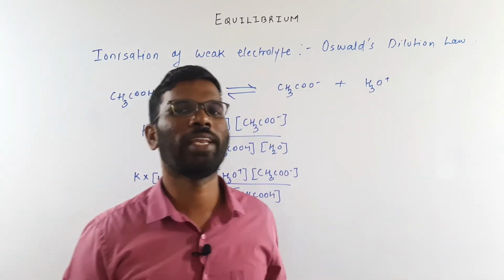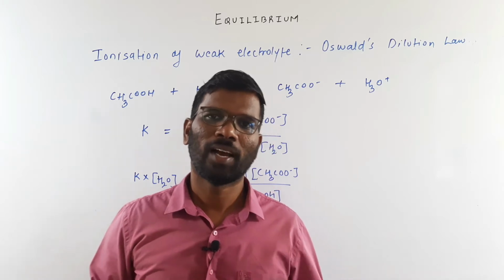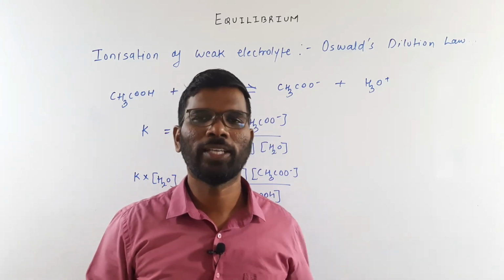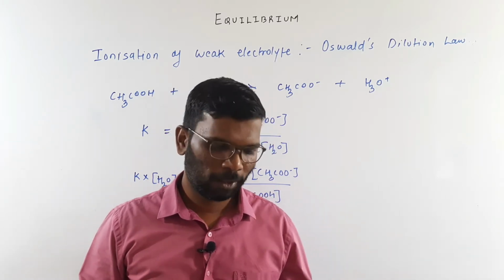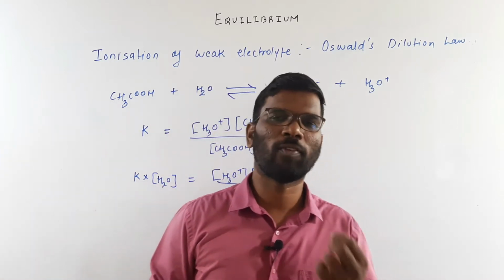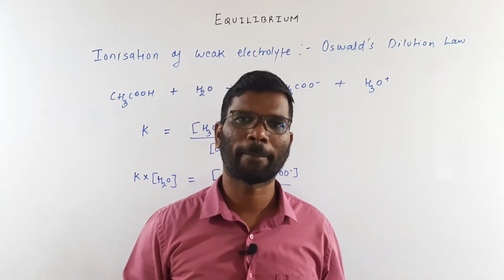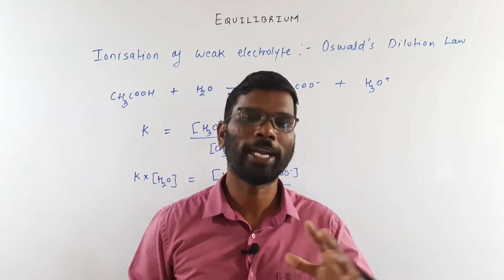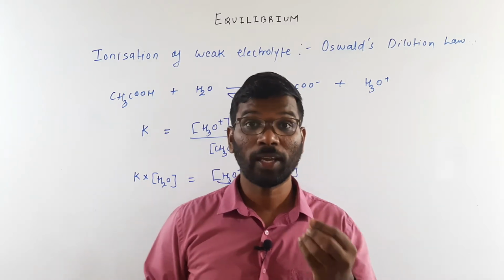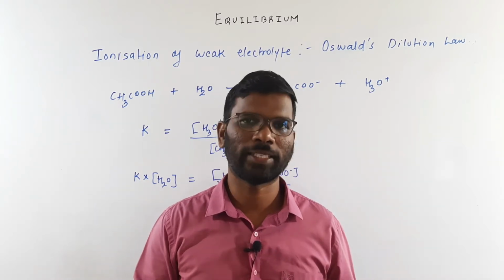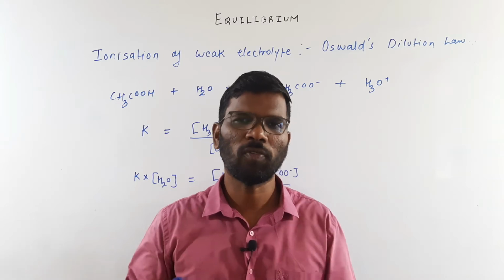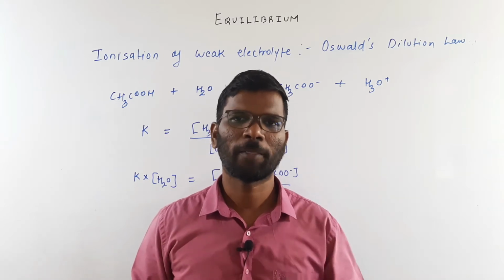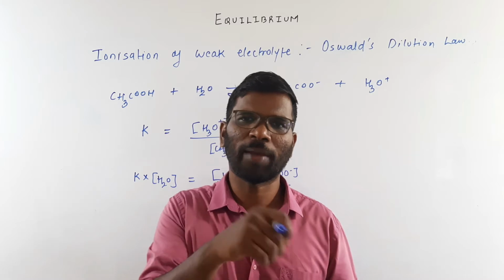See, it is a weak electrolyte. Weak electrolyte means how much of it can get dissolved in water. Like if there is 1 liter of water and you are putting 1 gram of acetic acid into it, out of that 1 gram, maybe 1 milligram is going to get dissolved.